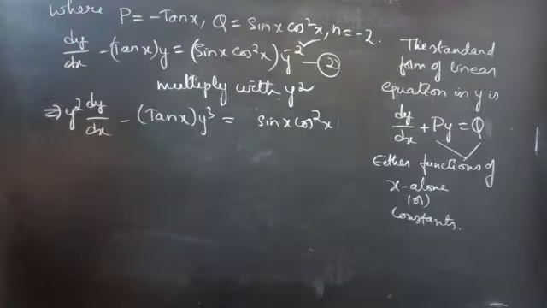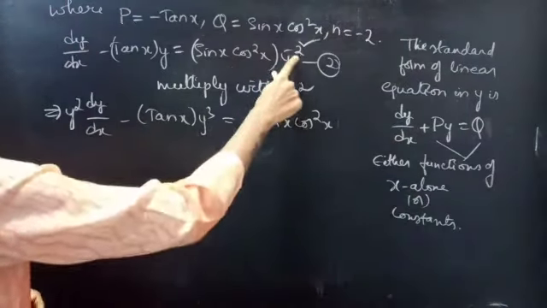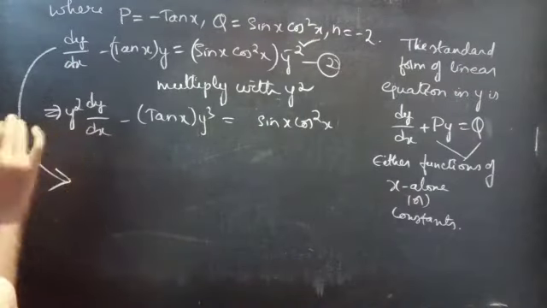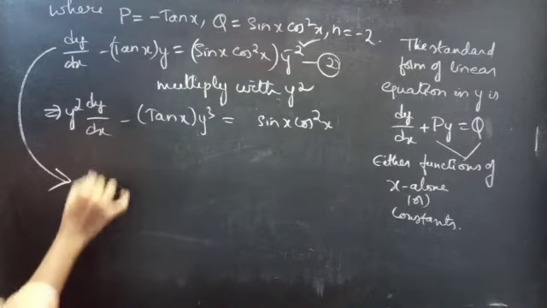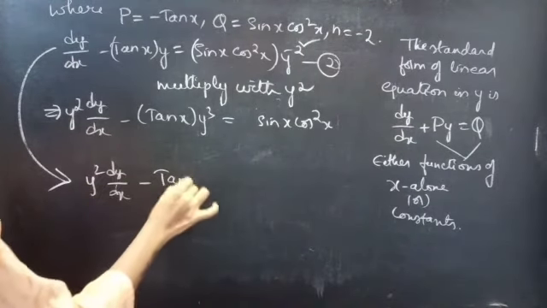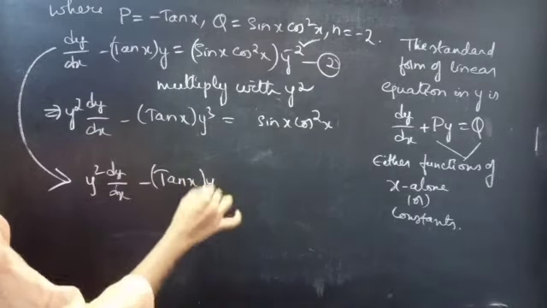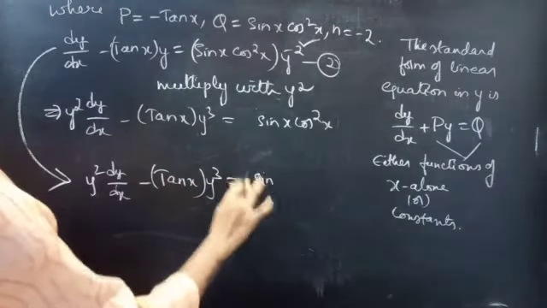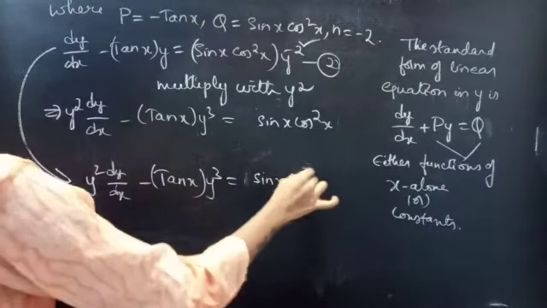So you can do all these steps, or simply, by looking at y power minus 2, we can directly multiply y square into dy by dx minus tan x into y square into y, which is y cube, equals sin x into cos square x.